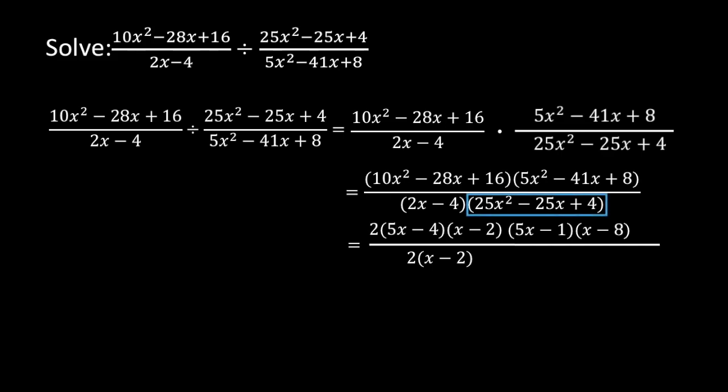When factored, 25x squared minus 25x plus 4 is equal to 5x minus 1 times 5x minus 4. Now that we have completely factored out the numerator and the denominator, we then simplify the expression by dividing equal factors. This will give us x minus 8 as our final answer.